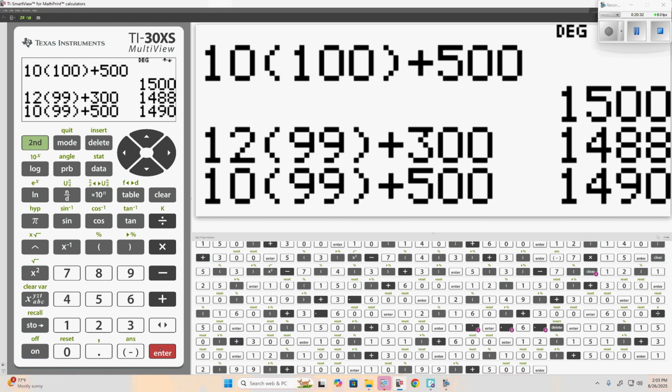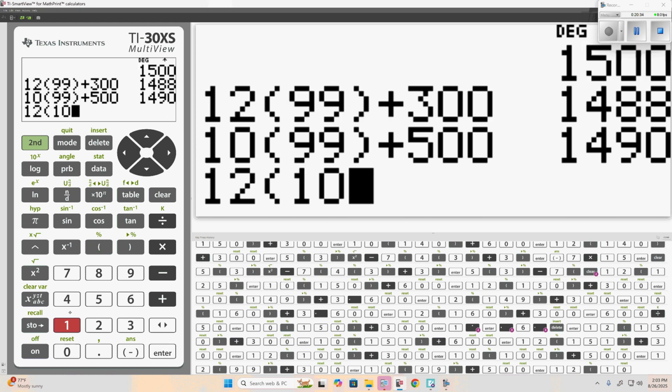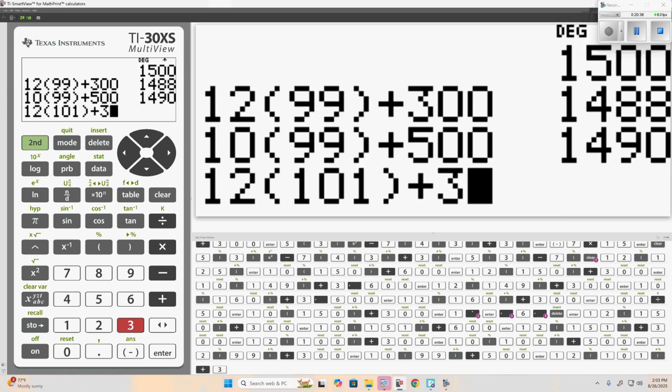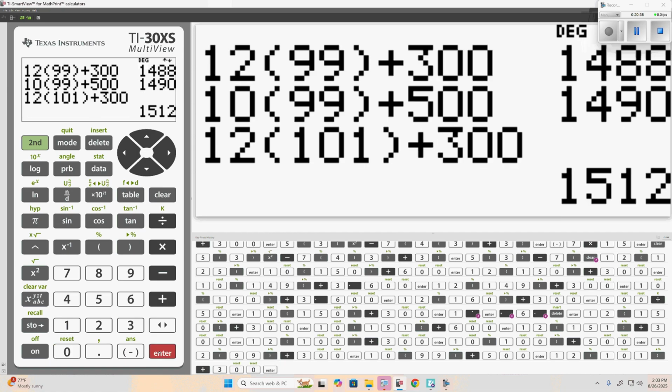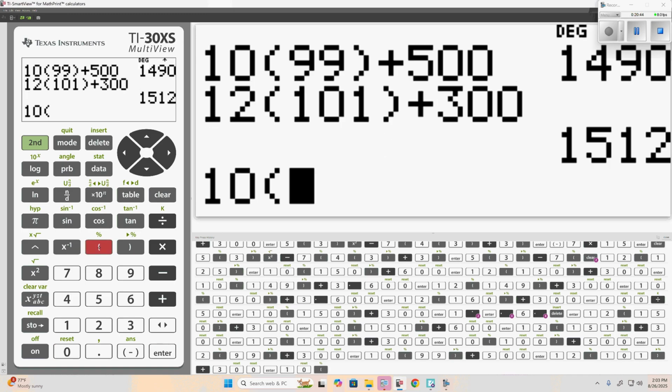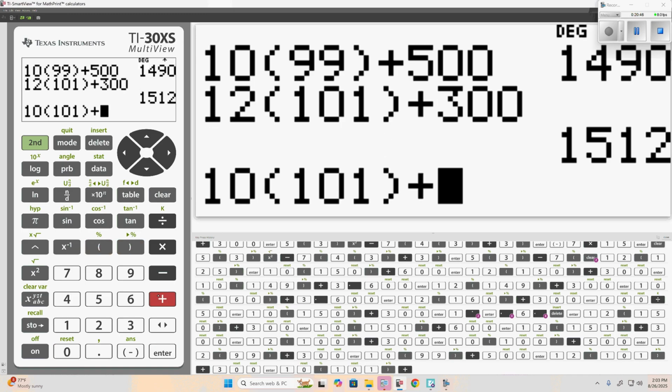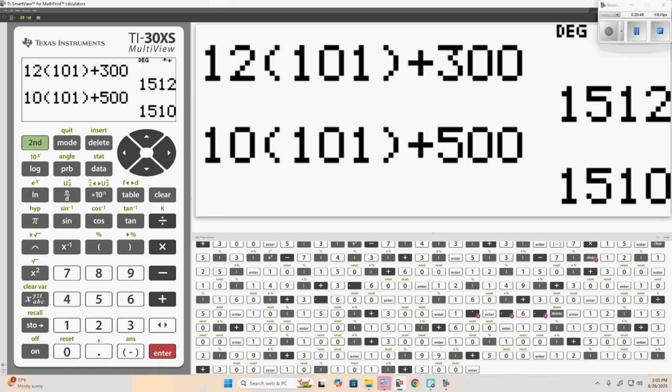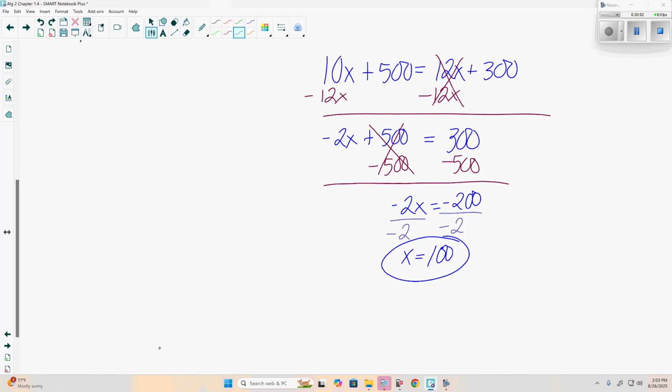So let's try 101. So 12 times 101 plus 300. So for Sunview at 101 students we have 1,512. At Maple we have 1,510. So how many students must we have for Maple to be cheaper than the other two?